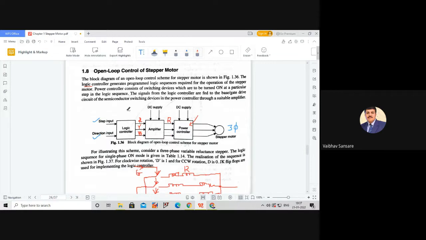That logic sequence is generated by this logic controller. The logic sequence signal gets amplified by this amplifier. The signals from the logic controller are fed to the base gate drive circuits, actually the gate driver circuits of semiconductor switches. I think you are familiar with these gate driver circuits for semiconductor switches.